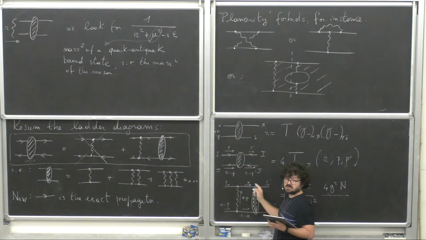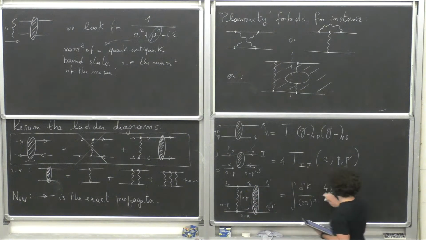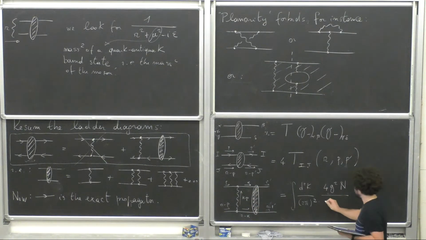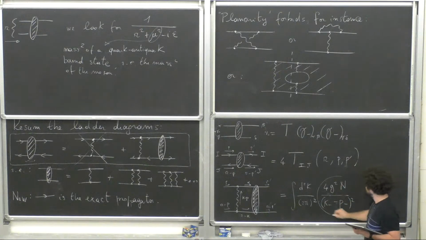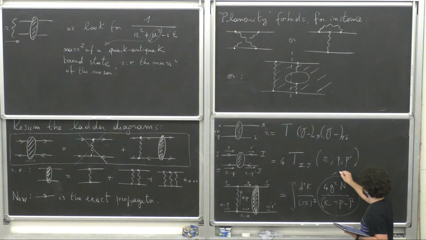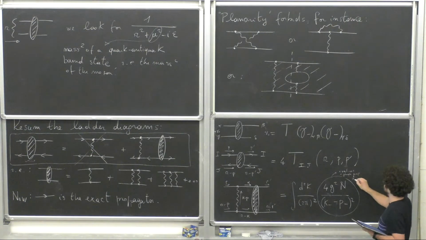Okay, if you write this in double line notation, together they give us this prefactor, K minus minus P minus squared. Okay, so this is vertices, gluon propagator, and they also include the closed loop.